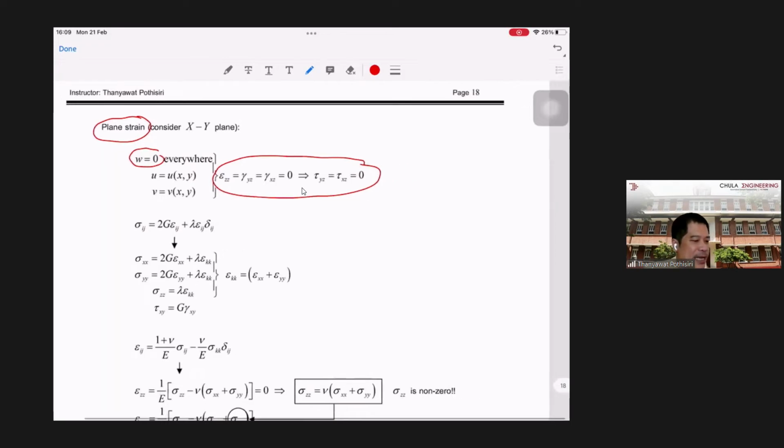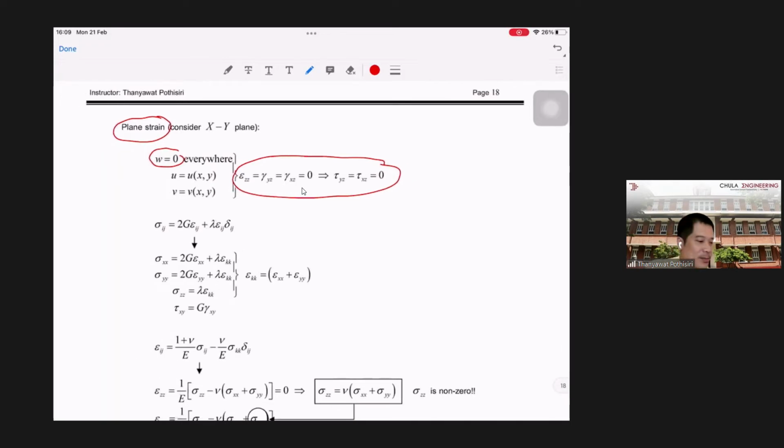Now, what are the examples of this plane strain problem? If you look at something that can deform only in the XY plane, only in plane, but with no deformation whatsoever in the out-of-plane direction, it means that it's a thin section of something with constraint in the out-of-plane direction. The displacement in this direction is 0.